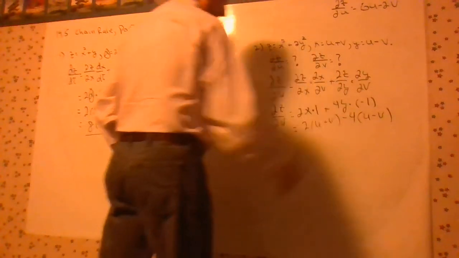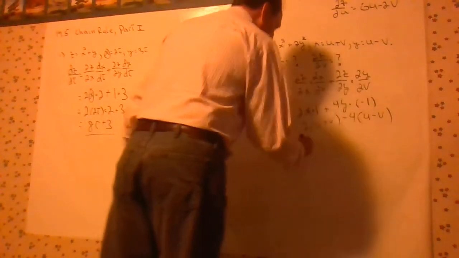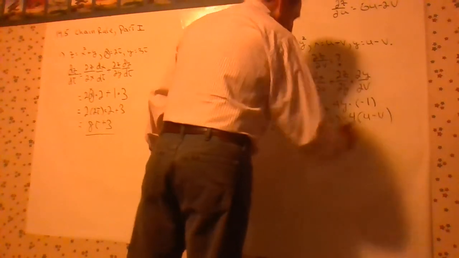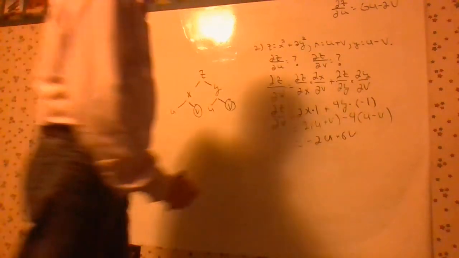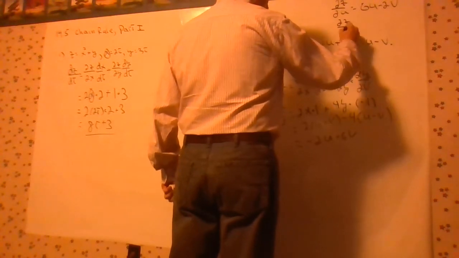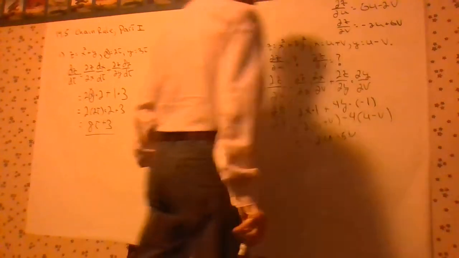Negative 1 times 4 is negative 4. And that gives us 2u and minus 4u is negative 2u. And then 2v plus 4v is 6v. And so we have partial of z with respect to v is equal to negative 2u plus 6v.